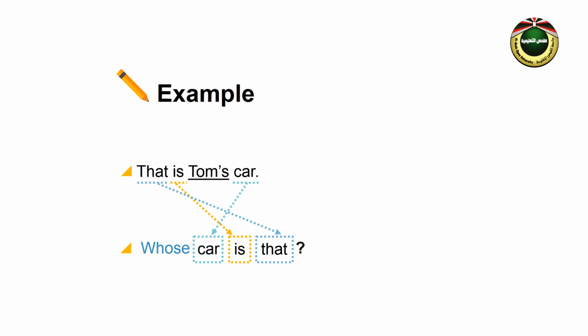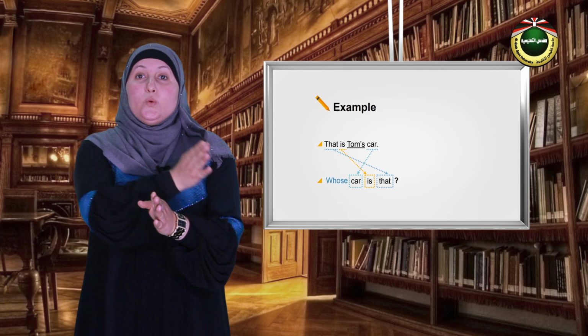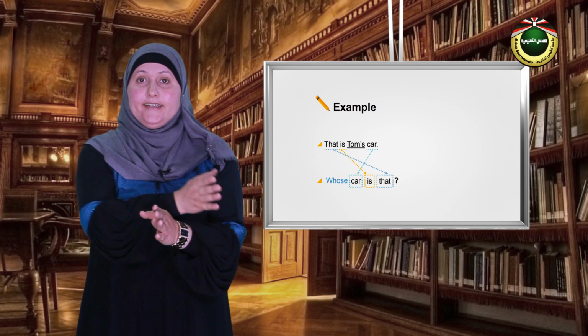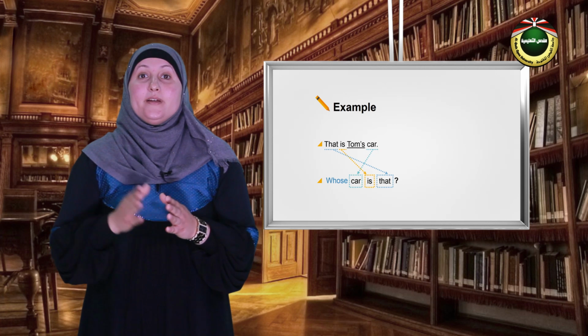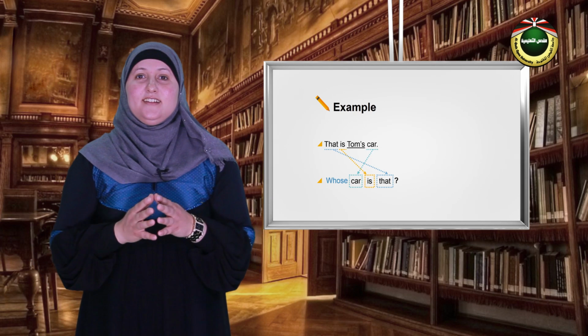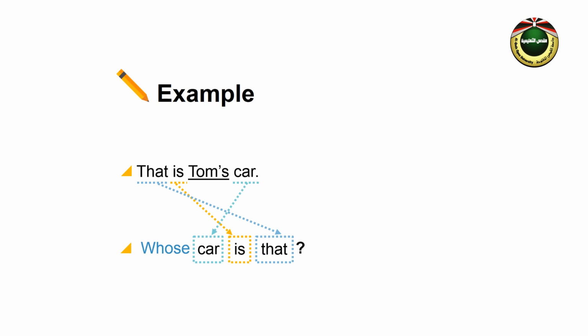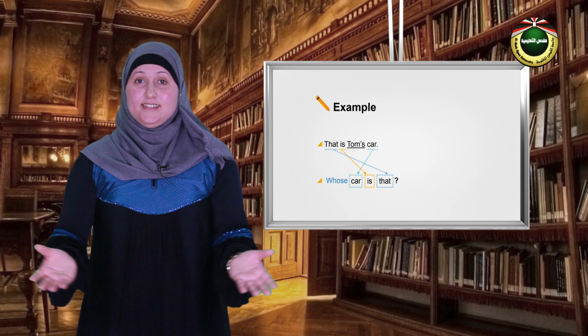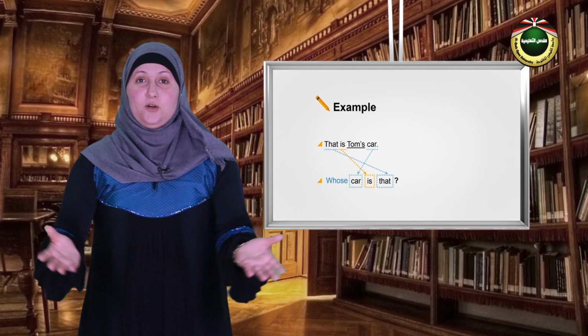But pay attention that you have to put a noun after the word whose, because we ask about a possessive case, possession. Put whose car at the beginning, then the verb is, then the subject that, and a question mark finally. Whose car is that? It's Tom's car.